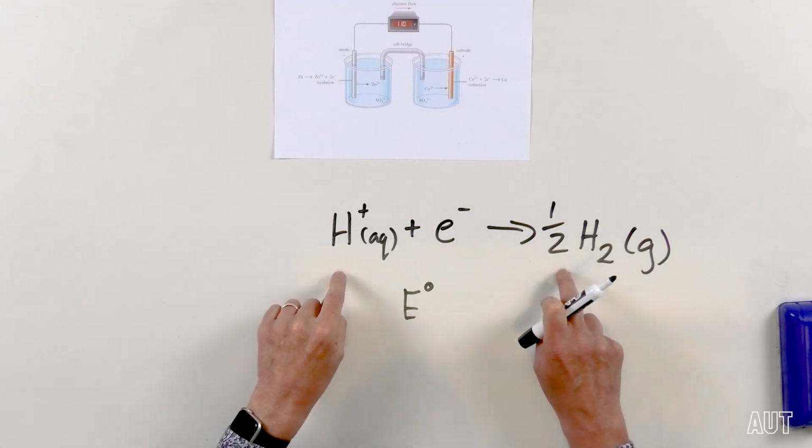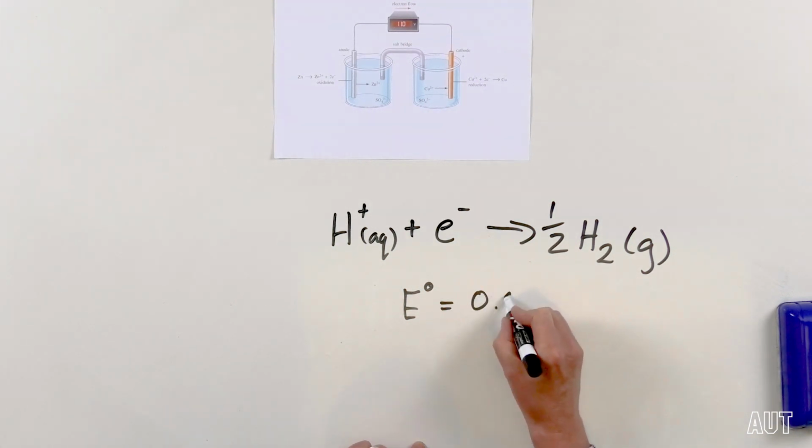When you've got those conditions, E naught for that cell is equal to 0.00 volts. And notice I said cell, I meant to say half cell, because this is a half reaction. It's essentially half of an electrochemical cell.